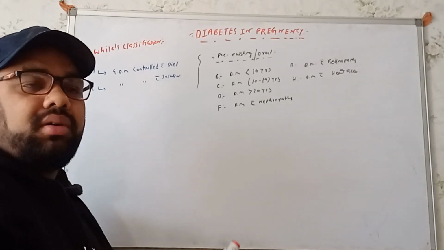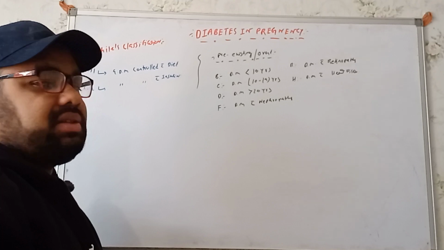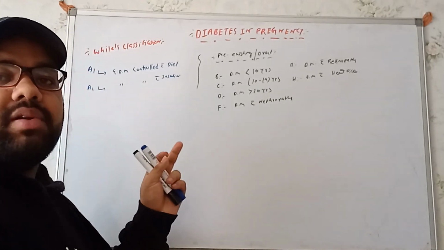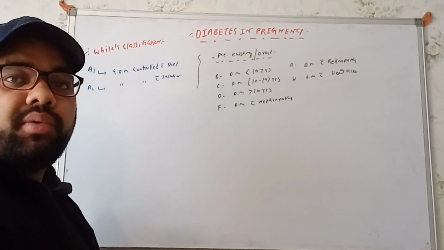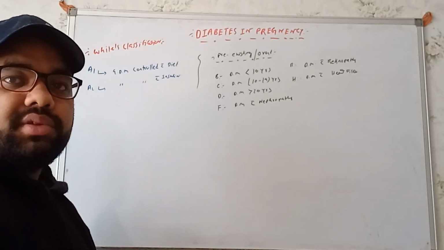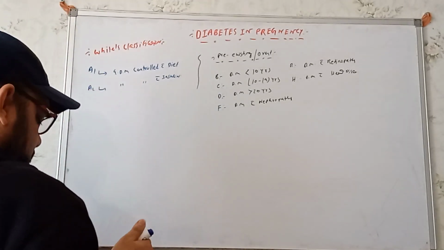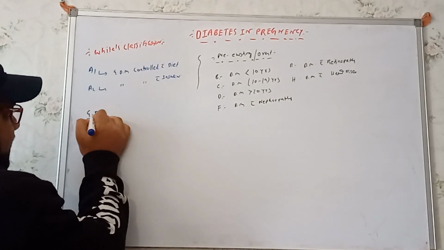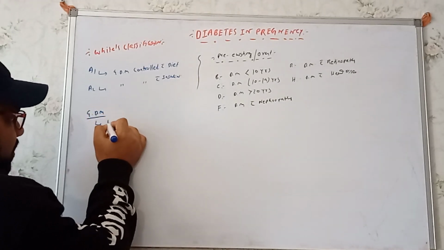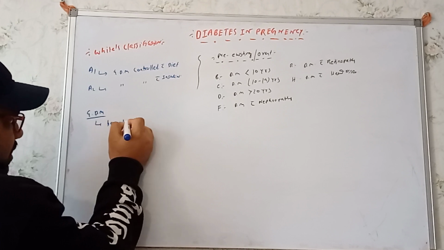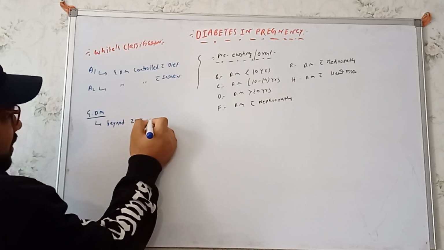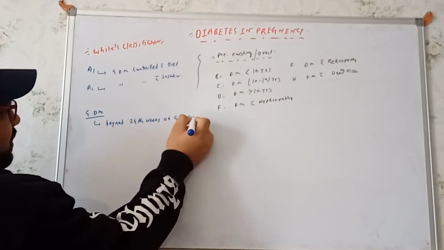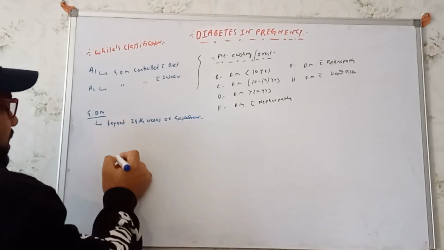Gestational diabetes mellitus, GDM, is basically found beyond 24 weeks of gestation. Now, why beyond 24 weeks?